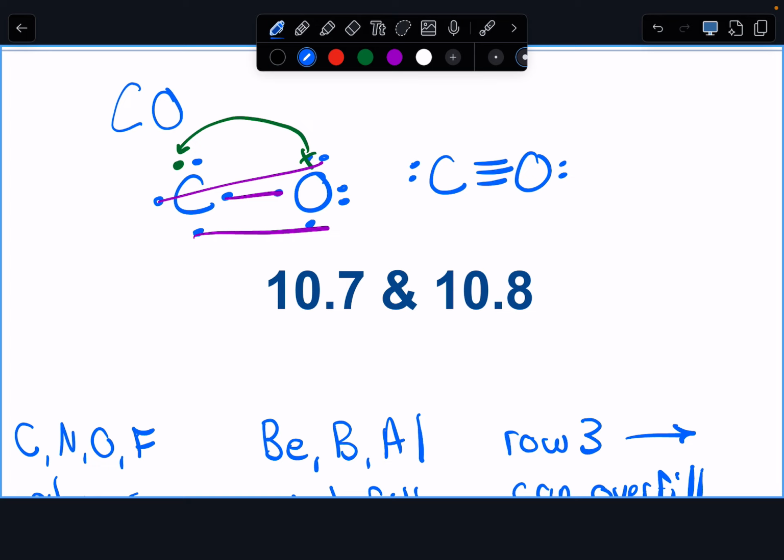It now has less negative. So we're going to say that oxygen has a formal charge of +1 because we moved that electron away from it and we gave it to carbon. So we say that carbon has a -1 formal charge.